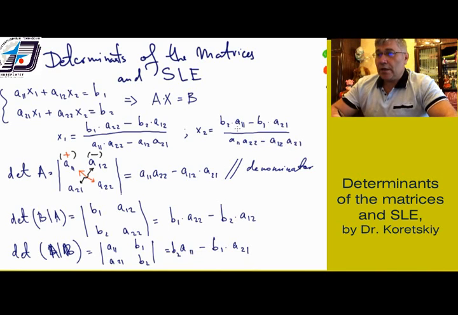So you can notice that this expression is exactly the numerator of the expression for x2, and now we have its formula. A very good and very simple formula for the roots of the system of equations.